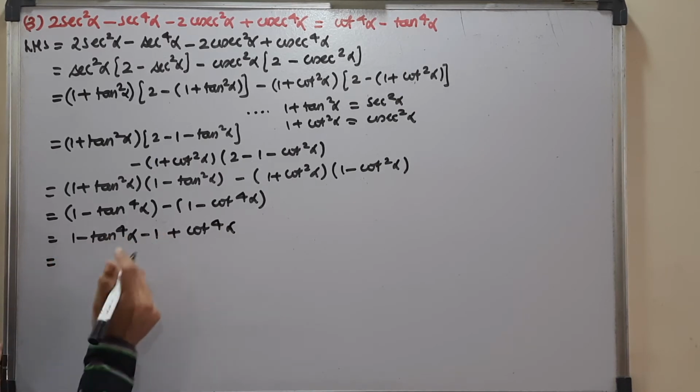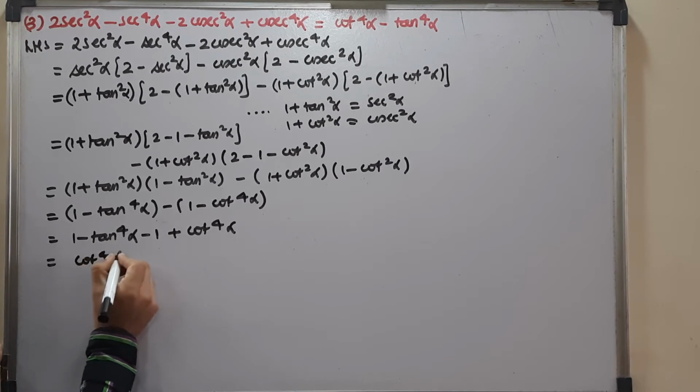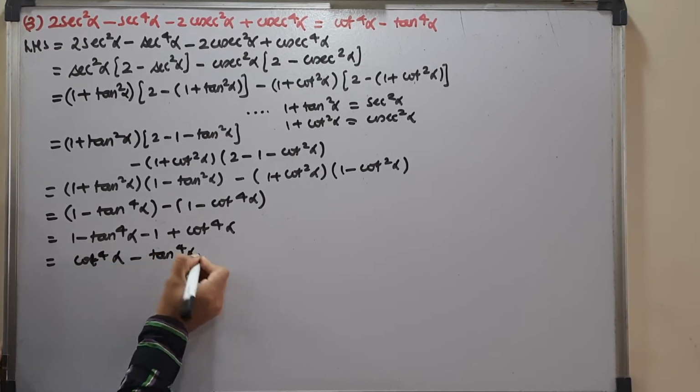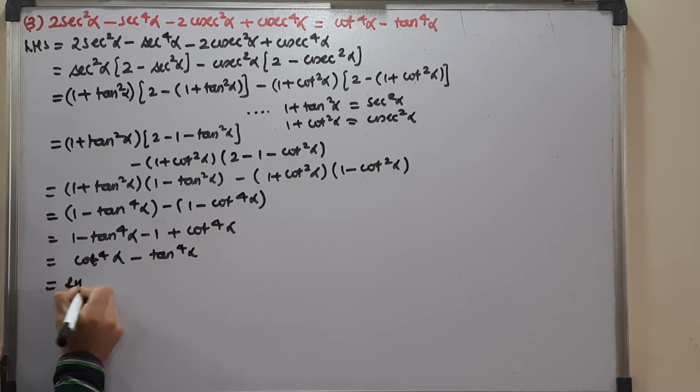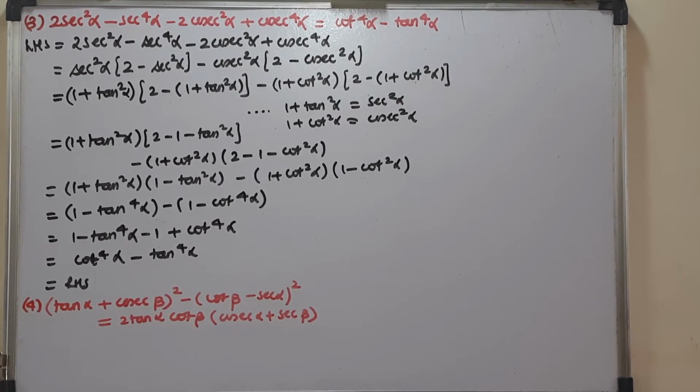So 1 gets cancelled and this is minus, that is plus, so I will write it as cot raised to 4 alpha minus tan raised to 4 alpha, which is surely your RHS. Wasn't it easy? Just think. Now coming to the next question.